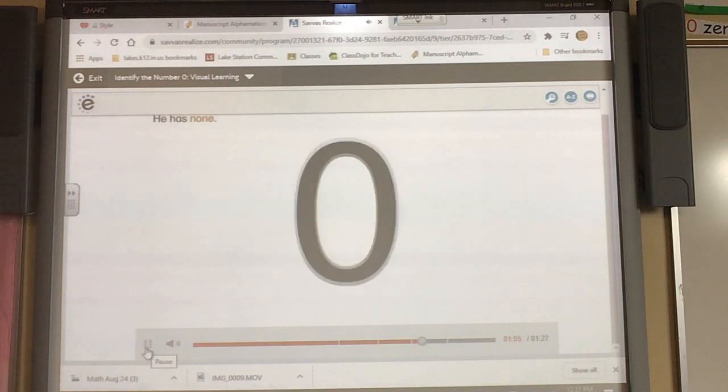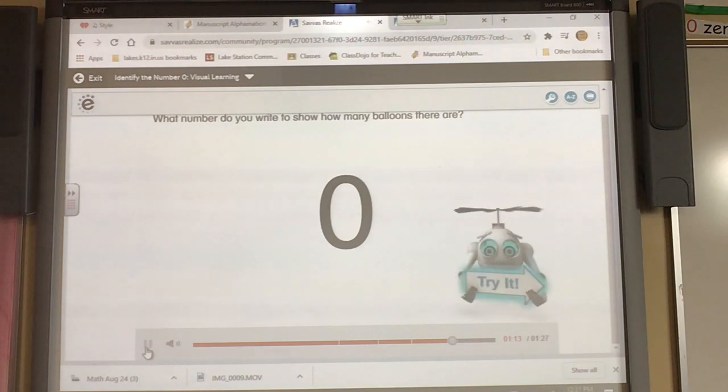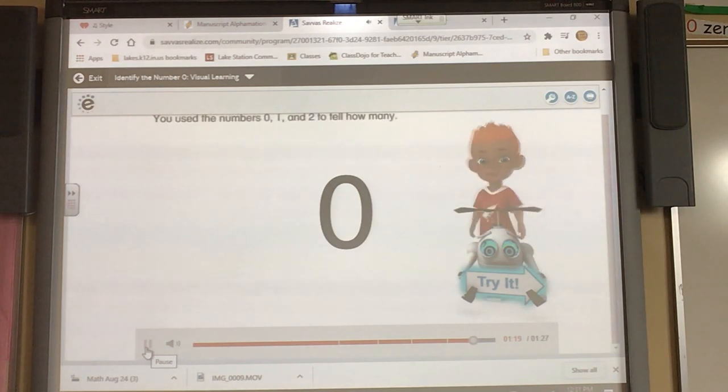He has none. What number do you write to show how many balloons there are? You write the number 0. You used the numbers 0, 1, and 2 to tell how many.